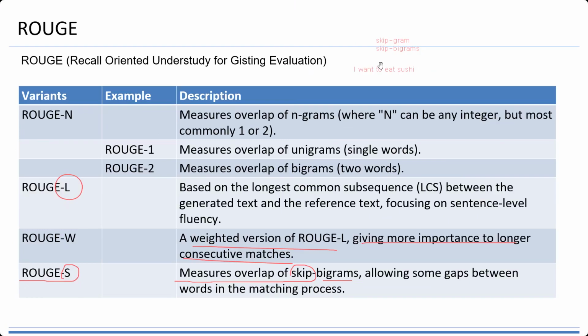If we want to check the skip, let's say skip 2, then I can have I, want, blank, eat, sushi. So that's a skip-gram. If skip-bigram, then it means I will check 2 skips and so on. So usually ROUGE-S is about the overlap of the skip-bigrams.